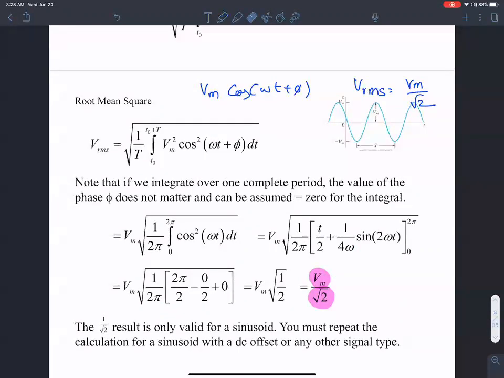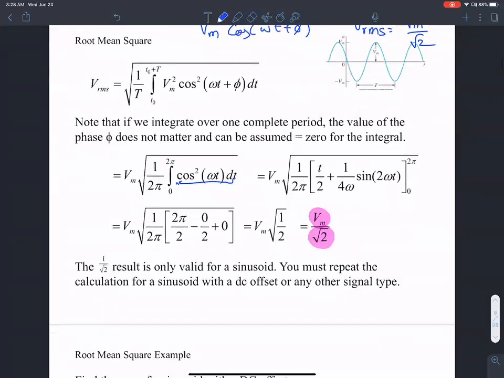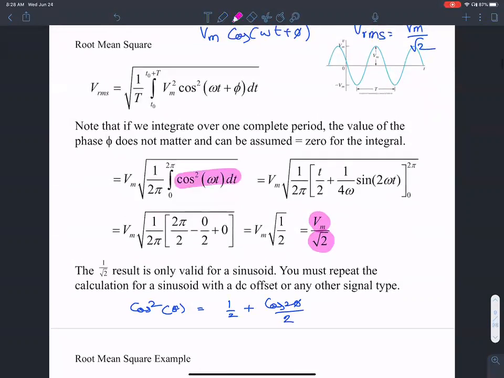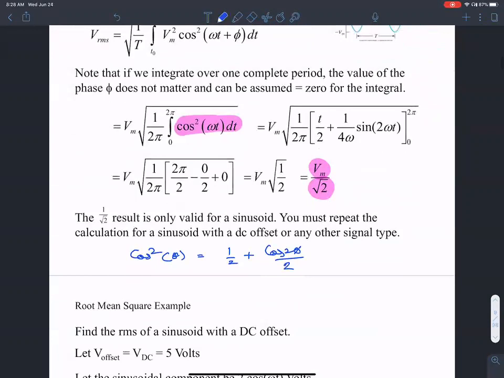It's an integration formula. We have to do a little bit of a rearrangement here. Cos squared theta is 1/2 plus cos 2 theta over 2. That's the identity we use here. So I'm going to replace all of that with this identity.